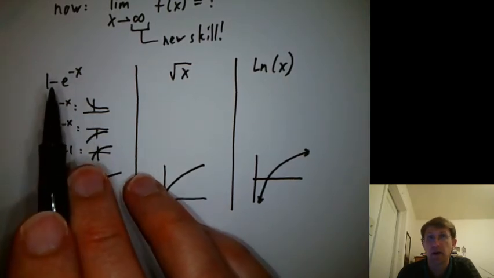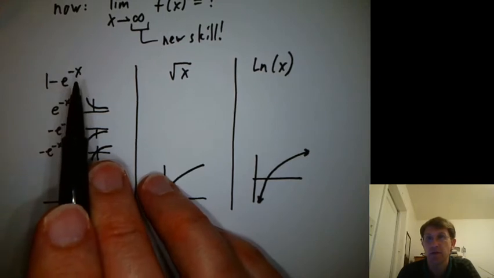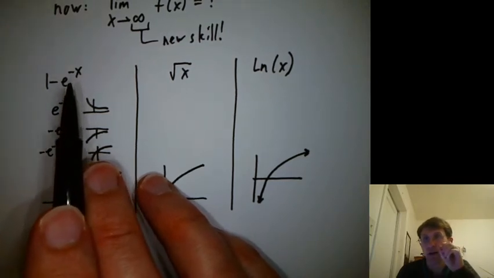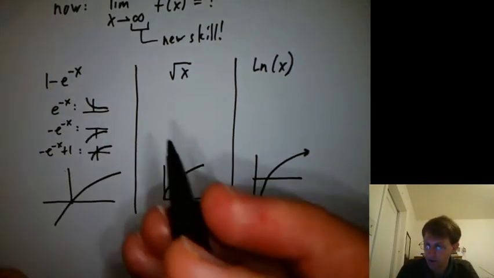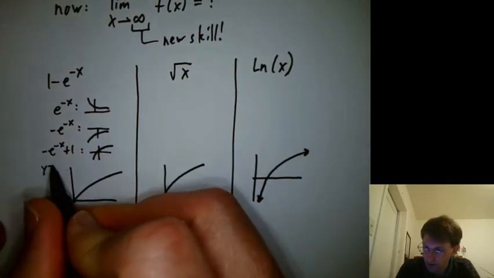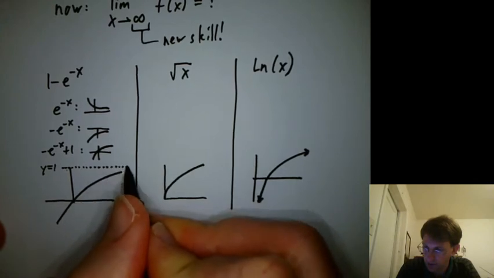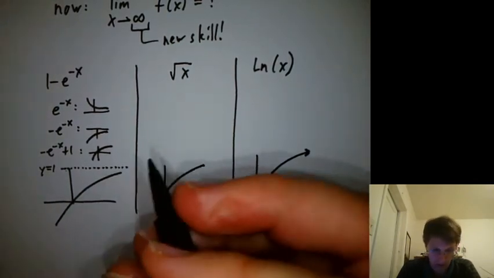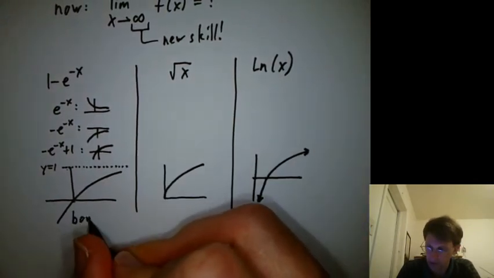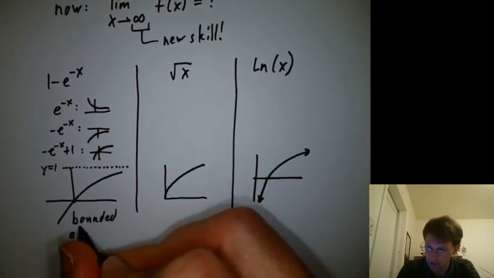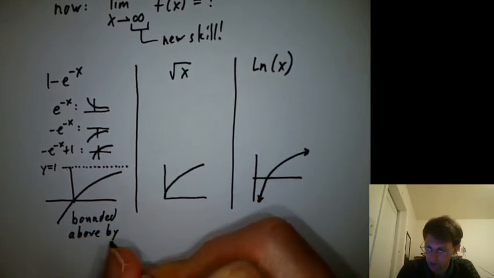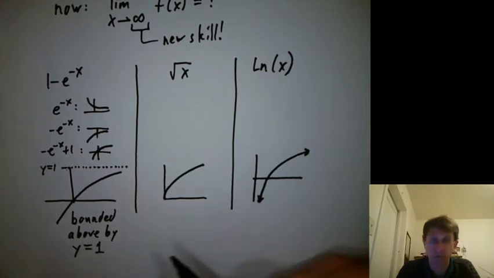So I'll never be subtracting a negative. The smallest this could ever be is right near 0, and I would always be slightly less than 1. So at the horizontal line y equals 1, it will never get above that. So this is bounded above by the line y equals 1.